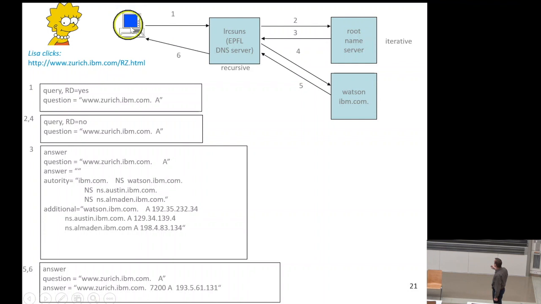Lisa here clicks on a web page that contains a reference to this machine, www.zurich.ibm.com. Lisa's software associated with a web browser is probably a function called a DNS resolver that will ask a DNS question, message number 1, to the DNS server.